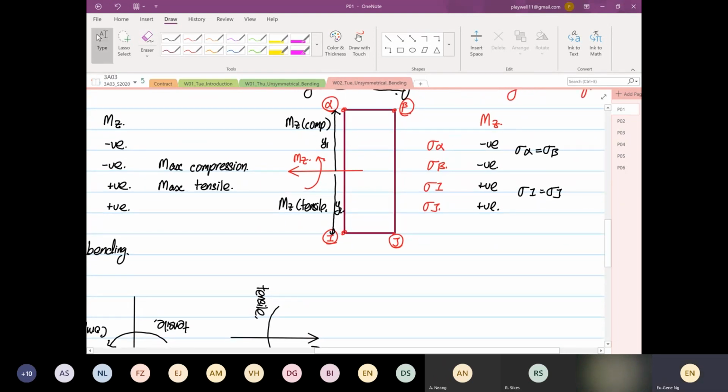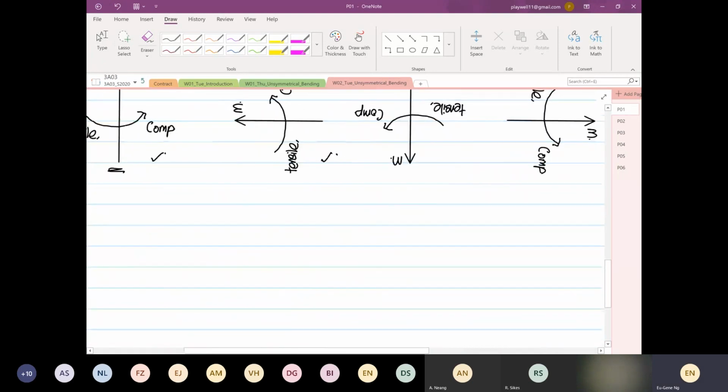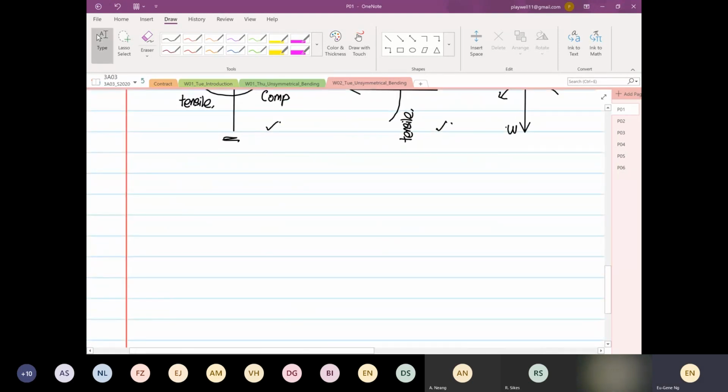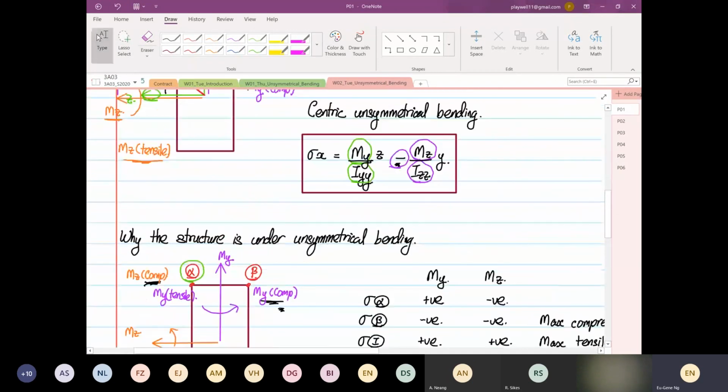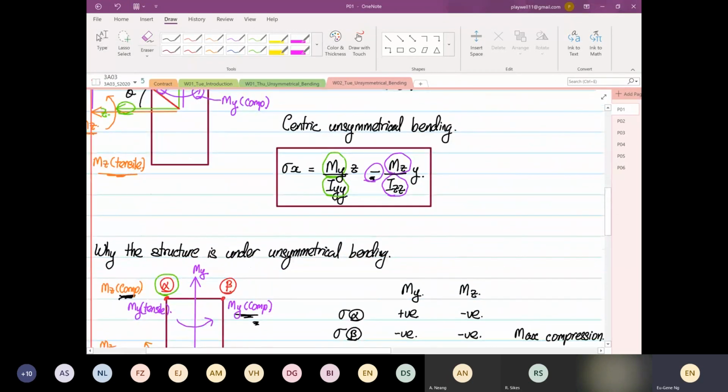Any questions so far, or we're okay? No question? Okay. So the next issue is this. If we look back at the formula, you see IYY, IZZ.